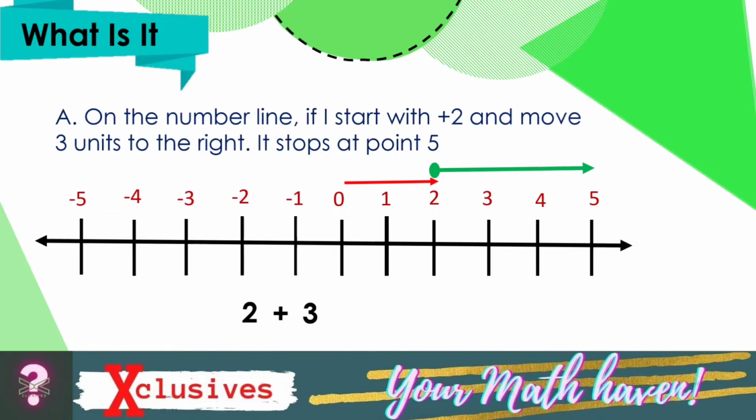Question A is like saying 2 plus 3 is equal to 5. If our movement is to the right, it means we make it more positive.